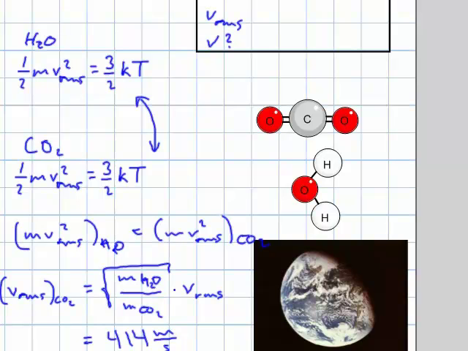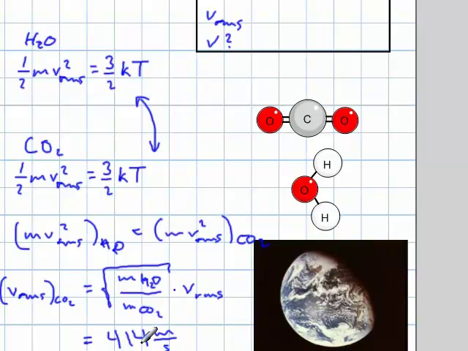However, if you compare that to H2 molecules, so just hydrogen gas has a mass of 2 compared to the CO2 of 44, the ratio there is 22, and this implies the square root of that, which means that the root mean square speed of hydrogen is approximately 5 times higher, so you come up with 2,000 meters per second.